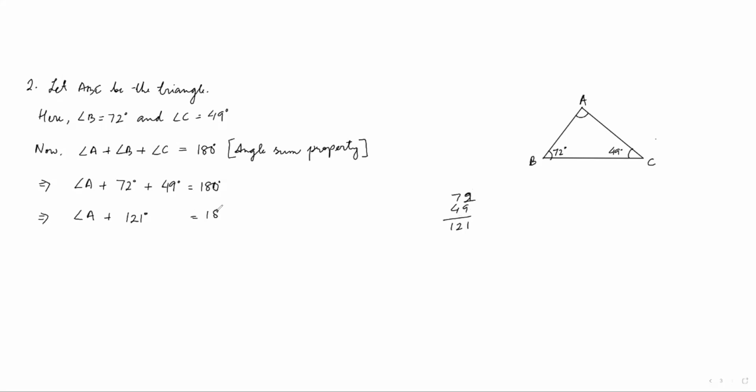So angle A plus 121 equals 180, so angle A is 180 minus 121.